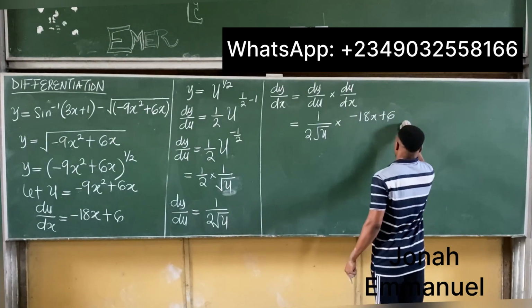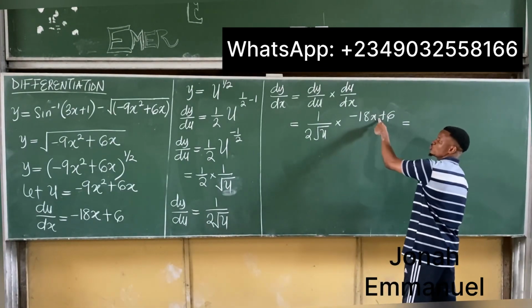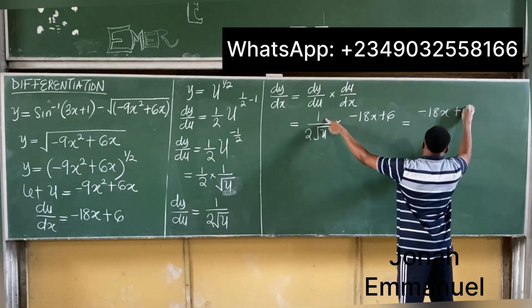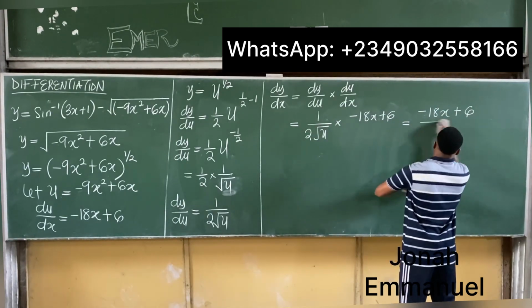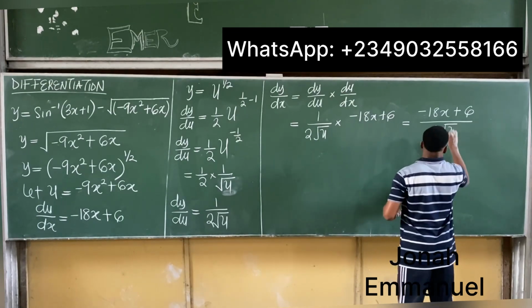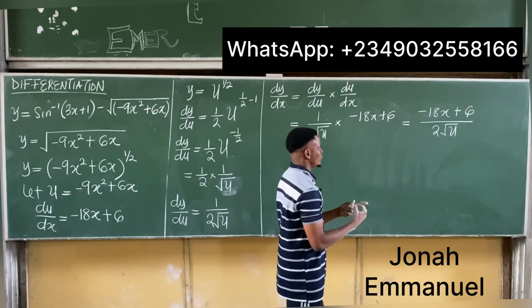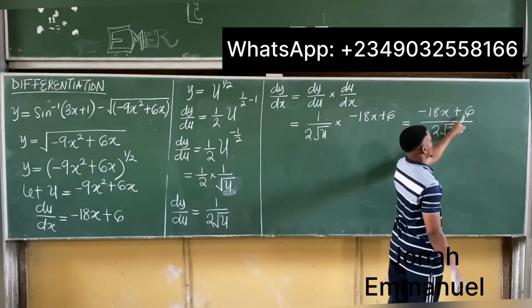If I multiply this now, obviously this one goes to the numerator, so it becomes minus 18x plus 6 all over 2 root u. Trying to simplify as much as possible, obviously this can be factorized.